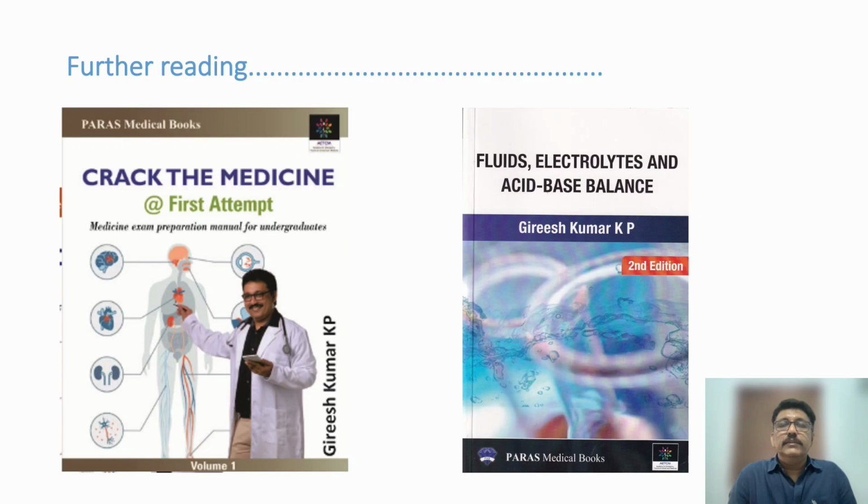These 4 investigations are very crucial to diagnose the problem behind hyponatremia. So whenever we see hyponatremia, always take these 4 investigations before treating the patient with tolvaptan or 3% saline or normal saline. That is very important. And clinically we have to examine whether the patient is hypovolemic, hypervolemic or normovolemic. Thank you.